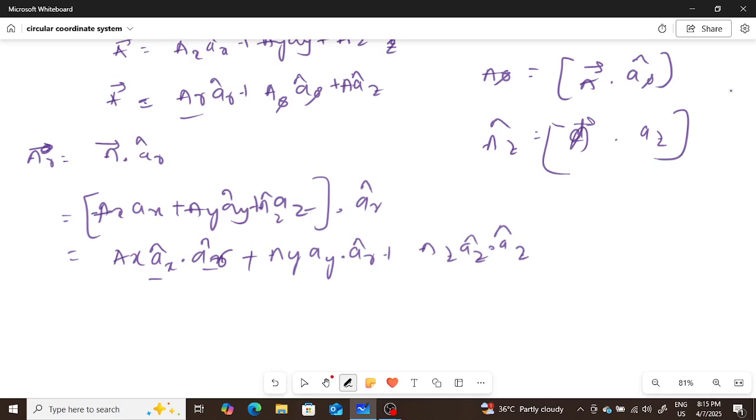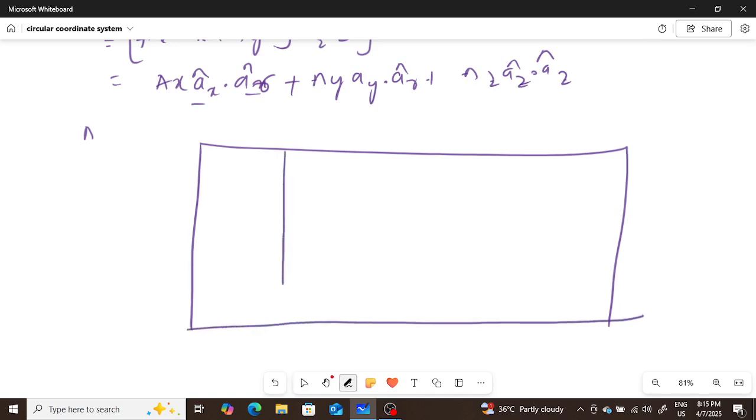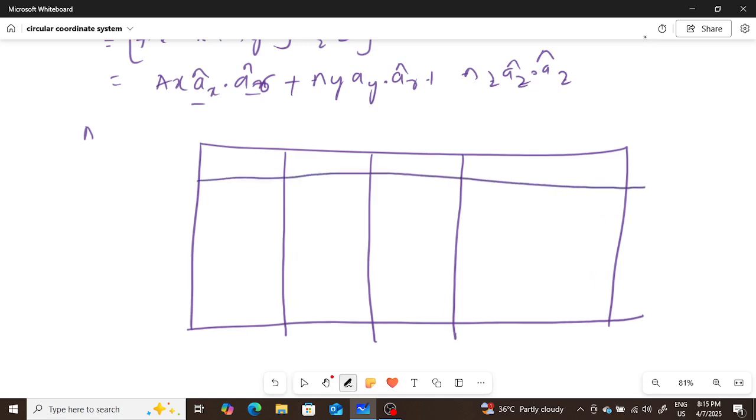When it comes to AX dot AR, I'll give you this chart, this table, which is helpful. Now you will understand how this chart is helpful. I am talking about the dot product for AX, AY, AZ with AR, A phi, AZ.